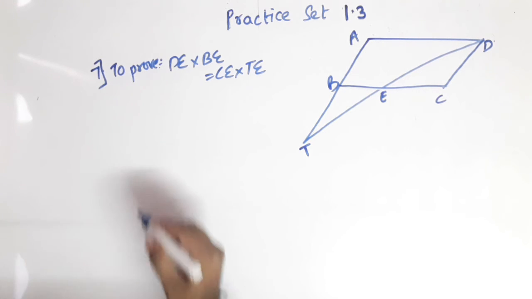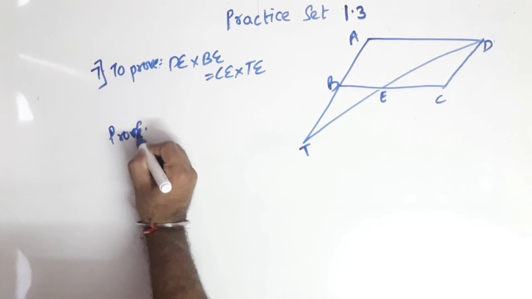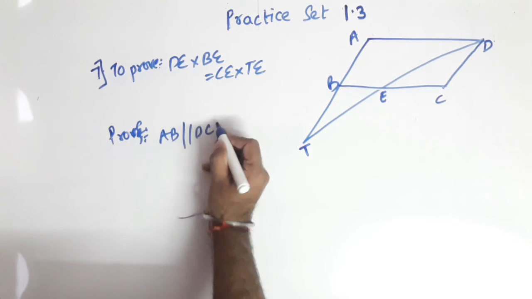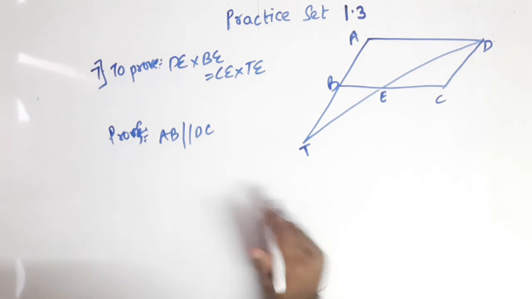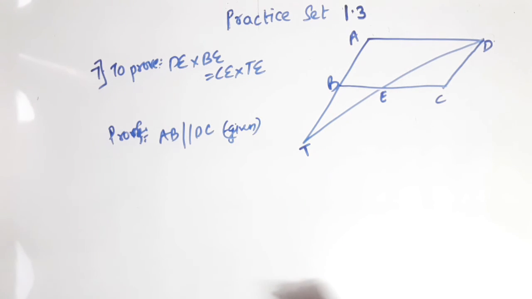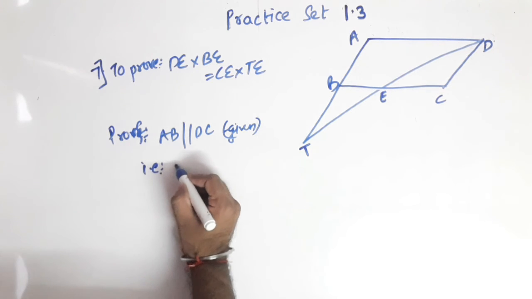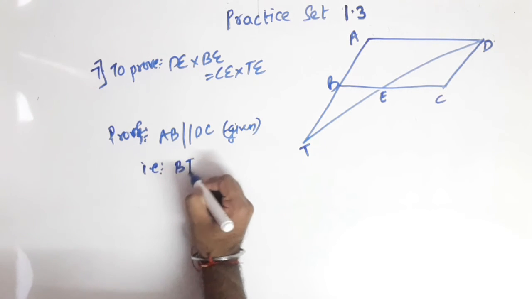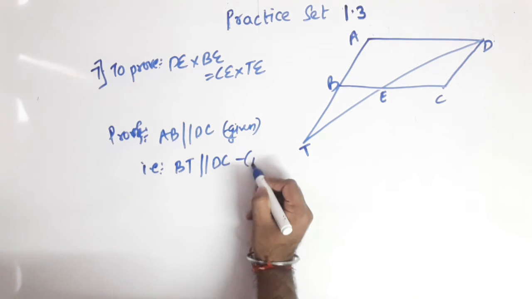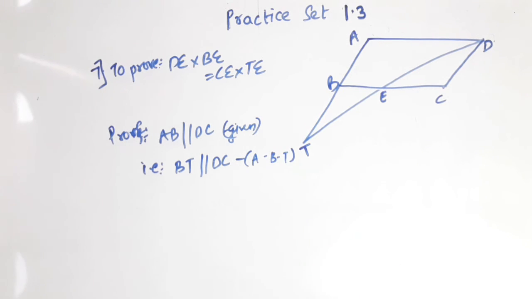How will we prove? Very easy. Because we have AB parallel to DC. I'll write this as given, or you can write opposite sides of parallelogram. That is, I can write BT is also parallel to DC because A, B, T are collinear.